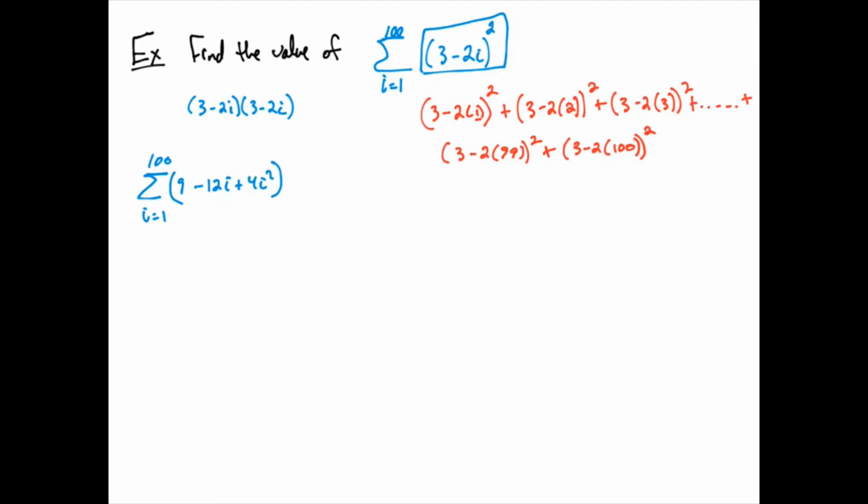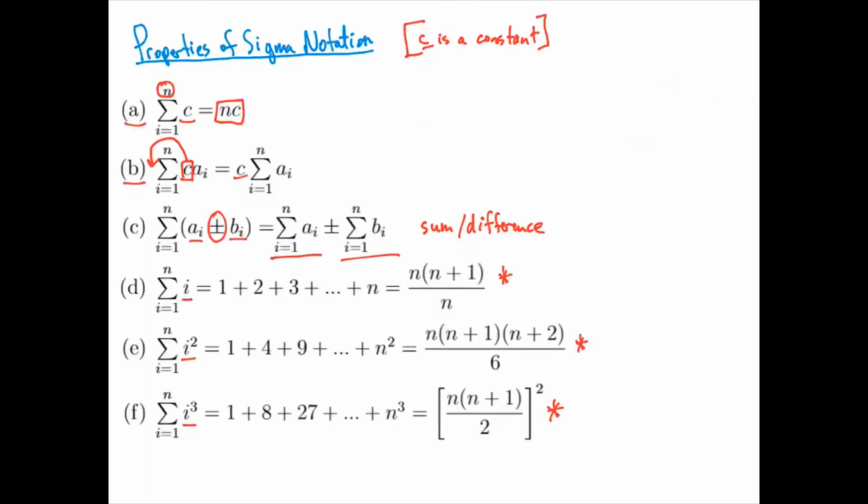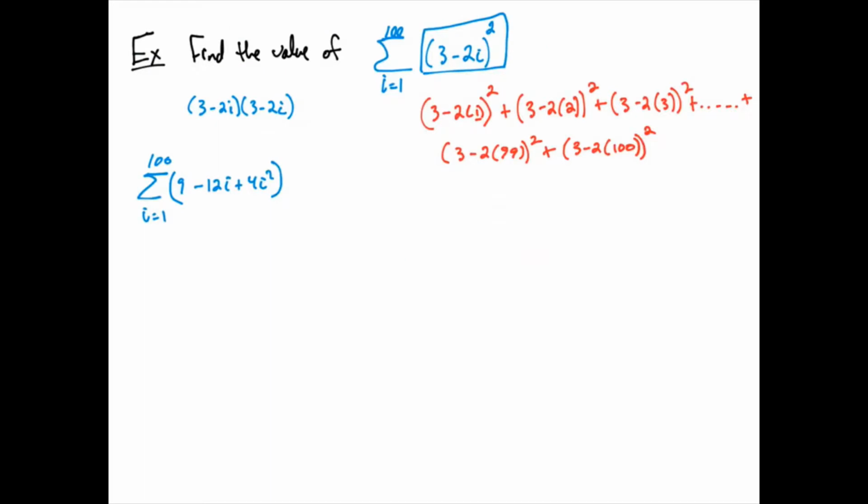Okay, so what we saw back here with this sum and difference property was that if we have the sum or difference that we're applying that sigma to, we can split that up into multiple terms. So that's what we're going to start with here.